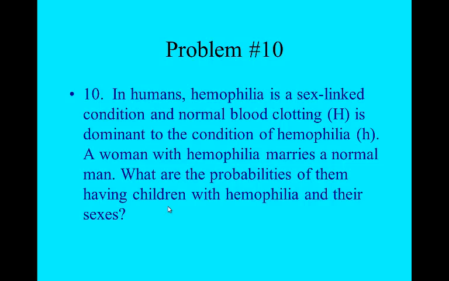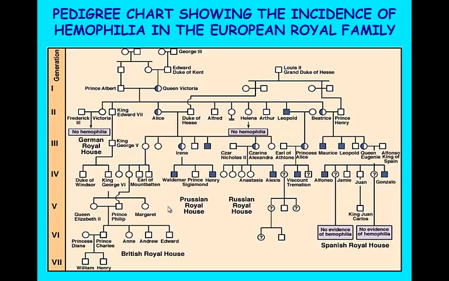If her sons get her recessive allele, they're going to have hemophilia. If her daughters get her recessive allele, they're also going to get dad's X chromosome, and they're not going to have hemophilia. So what you would expect is, of the children that they have, all their daughters will not have the condition, and 50% of their sons would be expected to have the condition.